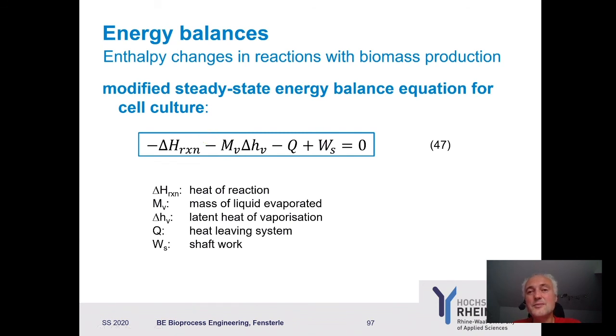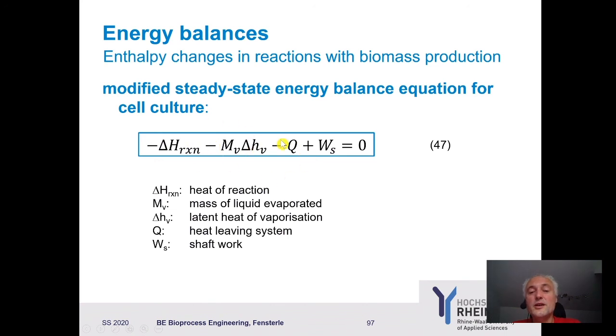We have simplified this equation to just the things which are relevant in a system where we have a reaction. And therefore, we just have a reaction. And there, of course, the in and out streams of the reactants and products are internalized, because you can calculate the heat of reaction based on your products and your educts based on the heats of combustion, of course, but there you have the streams.